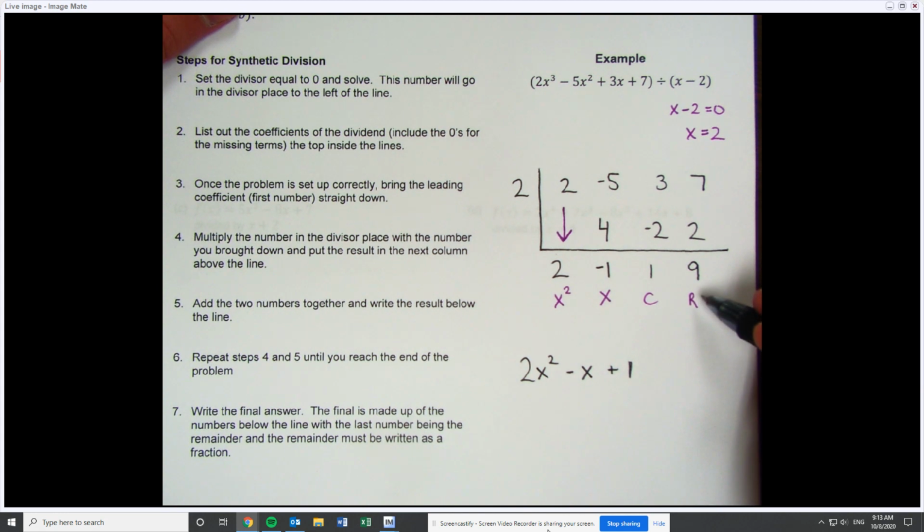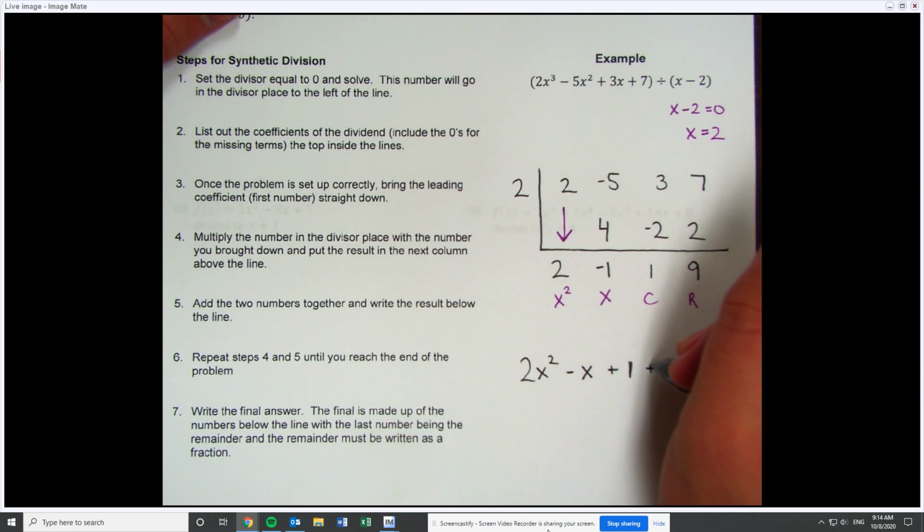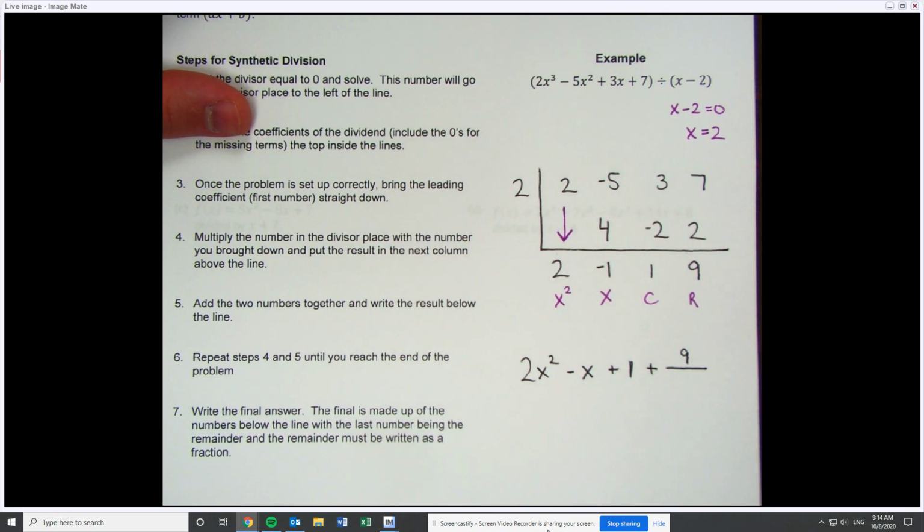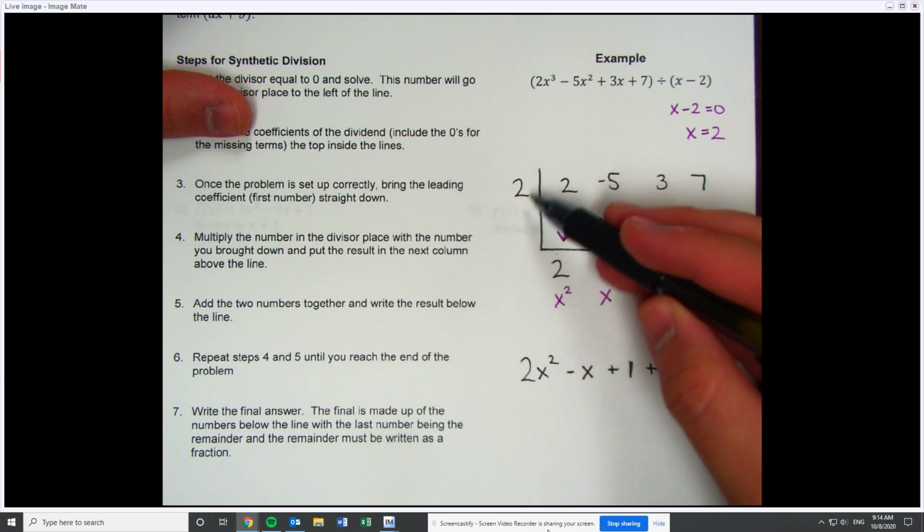Now for the last one, the R. R stands for remainder. And if you remember learning long division whenever you were growing up in grade school, you'll remember that for remainders, you're supposed to write them as a fraction. So it's going to be a fraction here also. This is going to be plus because that's a +9. I'll say 9 divided by, don't put 2, even though that's the number we divided by here.